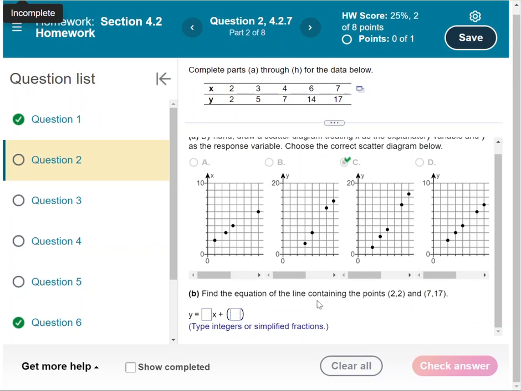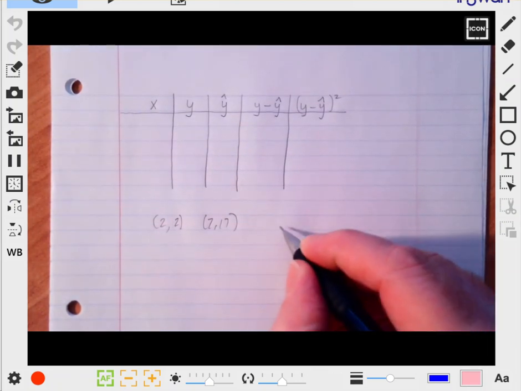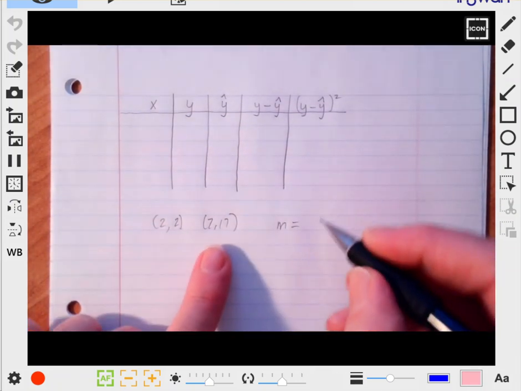So find the equation of the line containing the points 2, 2, and 7, 17. So I'm going to switch to my paper. First of all, we need to find the slope of the line.